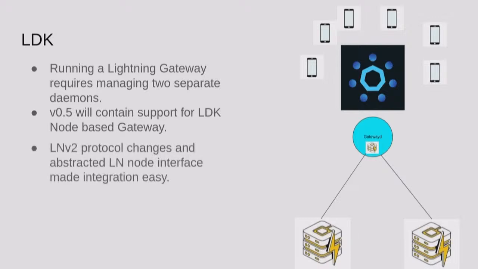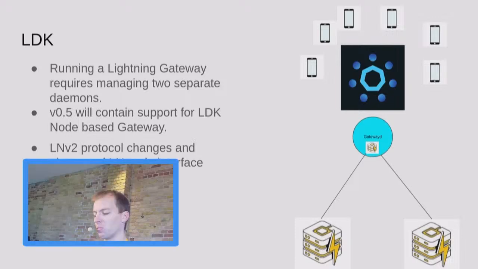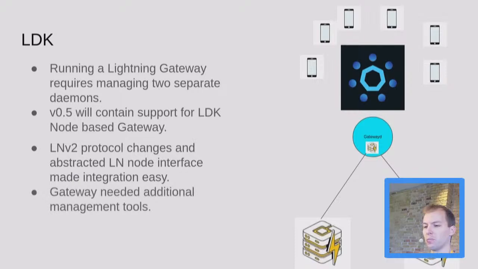From the other work that we've done with LNV2, and also earlier abstracting away how we interact with the Lightning node, this integration was fairly straightforward. But we did need to build a decent amount of management tools because it's an increase in scope of the gateway. The gateway is now also a Lightning node, so we needed all the typical open channels, close channels, and shout out to Tommy for spearheading most of that work.